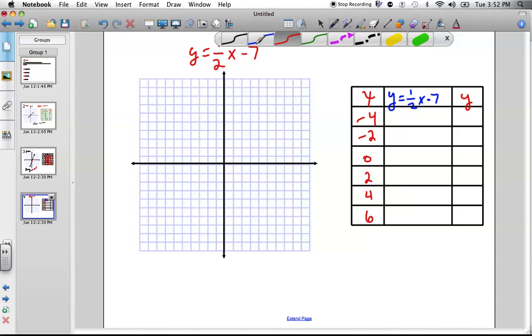You'll have to pause the video. Here, y equals 1/2 x minus 7. So we're going to input your x values in. Half of -4 is -2. -2 minus 7, -9.